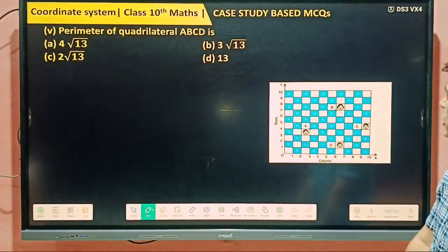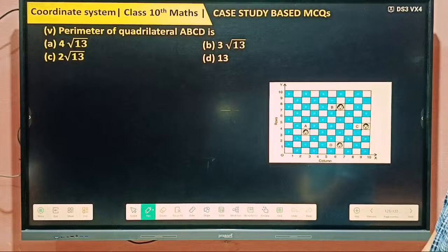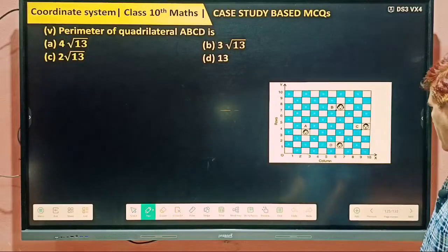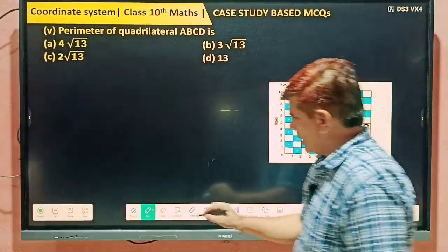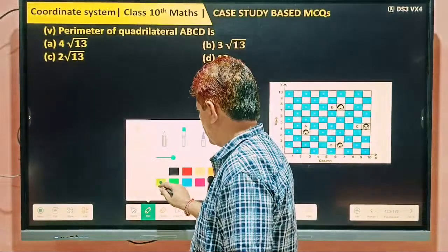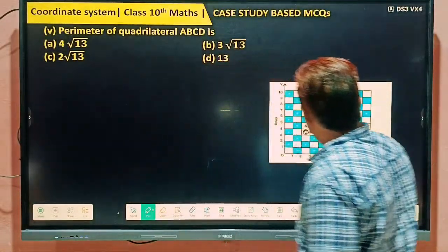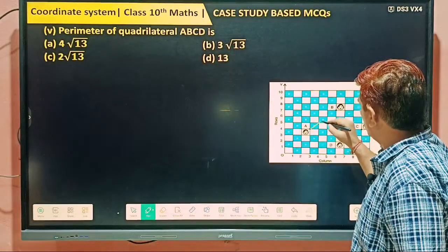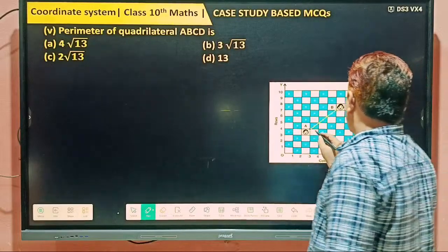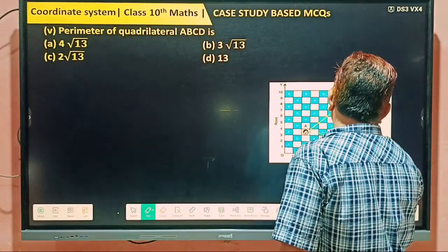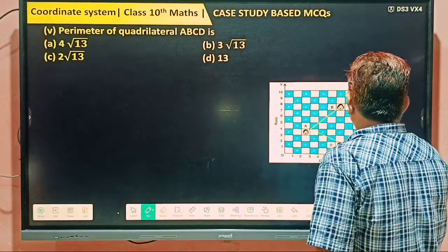Got. Last, you have to find out the perimeter of the quadrilateral. Which quadrilateral? A, B, C, D. So this I can tell.